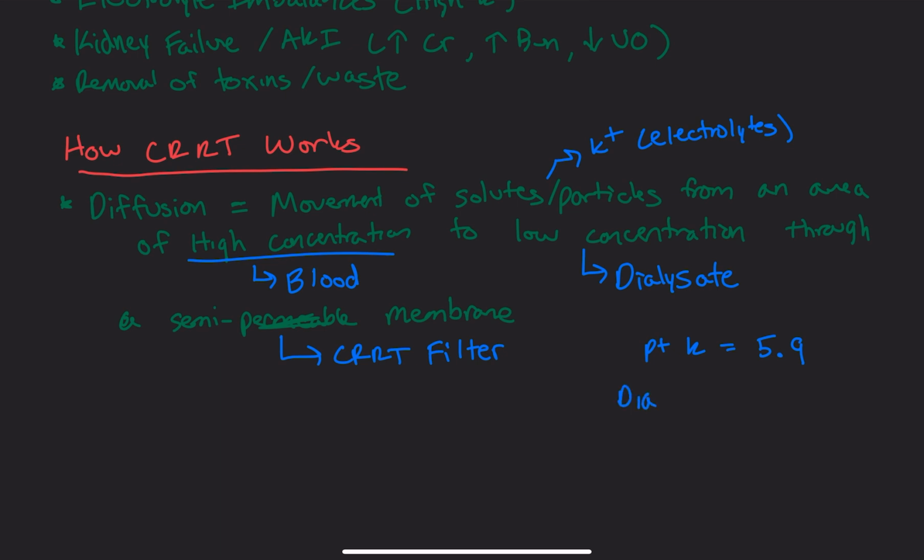Your dialysate bags have specific concentrations, and you'll check it with your order, but let's say it's 4K, 3 cal, a common dialysate concentration. This potassium is lower than the blood's, so it moves from an area of high concentration, the blood, to an area of low concentration, the dialysate fluid, through a semi-permeable membrane, which is your CRRT filter.